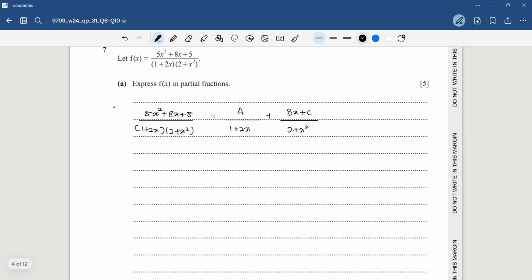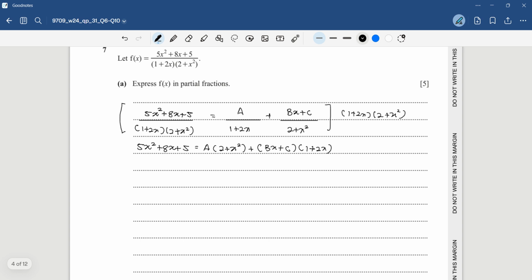Okay, and then I multiply the whole function with (1 plus 2x)(2 plus x squared). So 5x squared plus 8x plus 5 is equivalent to a times (2 plus x squared) plus (bx plus c) times (1 plus 2x).